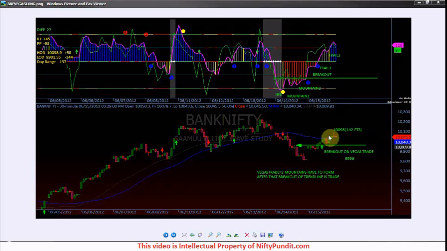Breakout happened at 9956 and we will be booking out here, and this is a little bit of a hook. We will be booking our partials here once it crosses plus 100. So at 10,098, we made 142 points in the Vegas pattern.